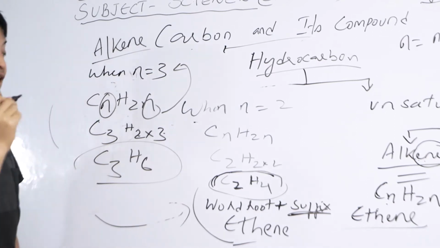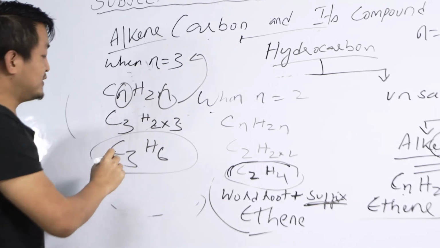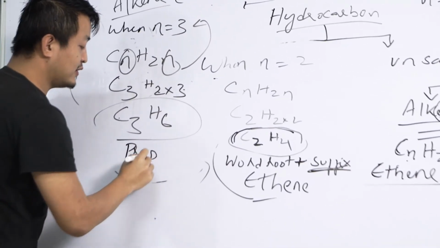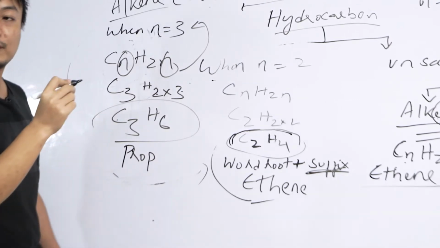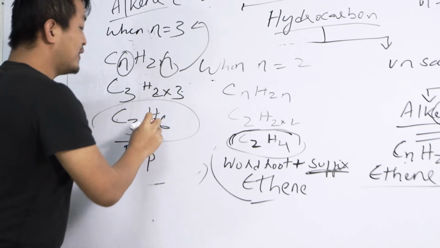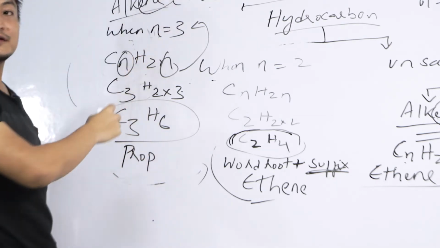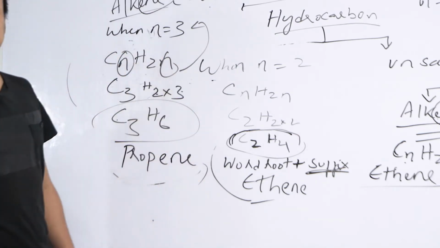So C3H6. Since we have 3 carbon atoms, the word root will be prop, and the suffix would be ene, since we are discussing the alkene family. So it will be propene.